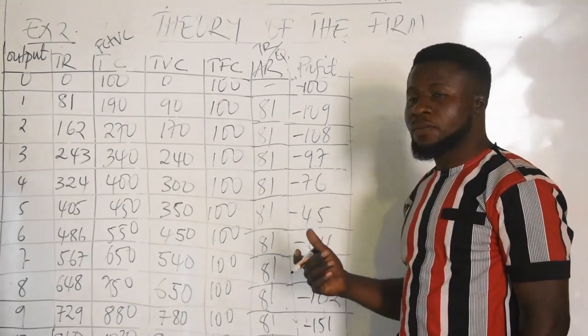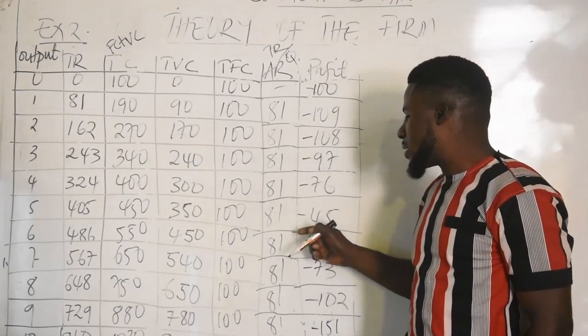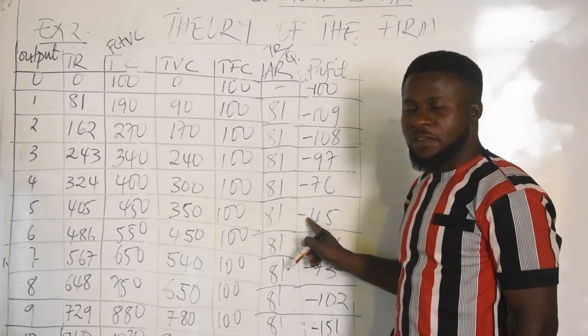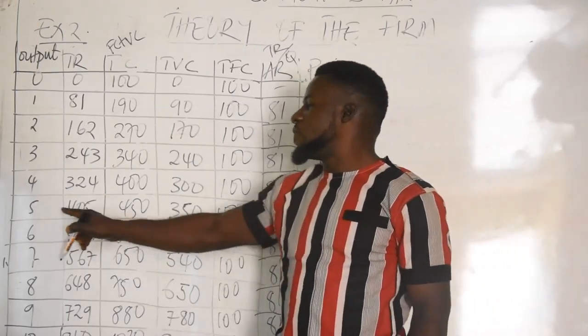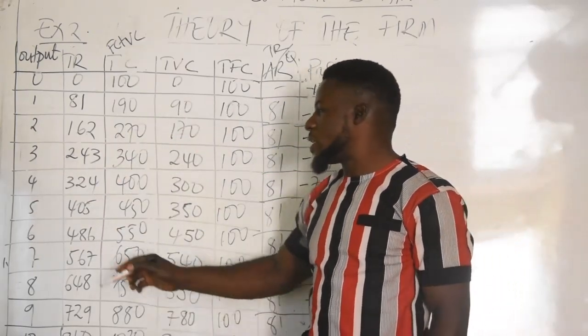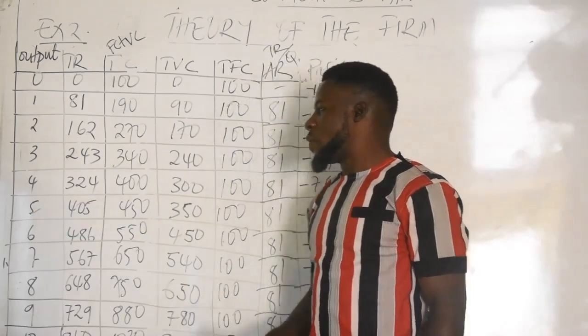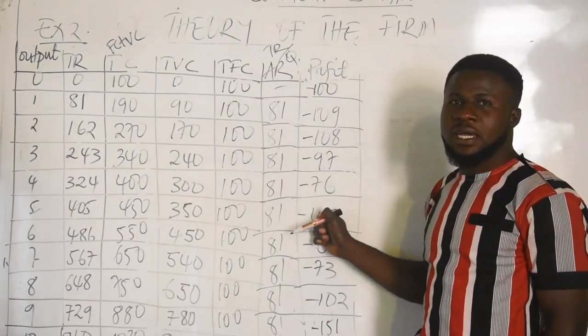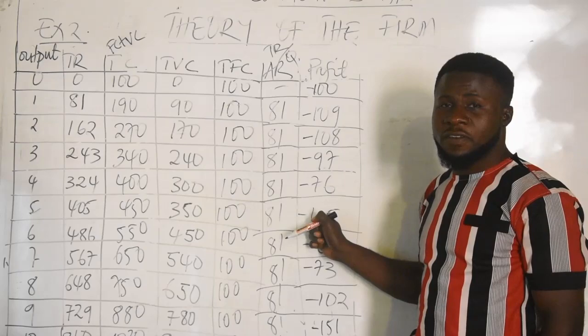So you say the loss minimizing output level is 5 units, where loss is lowest at negative 45.